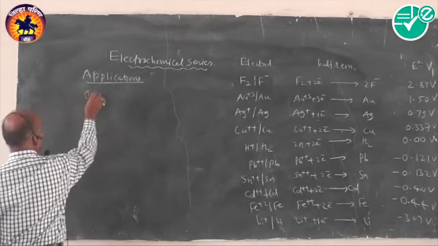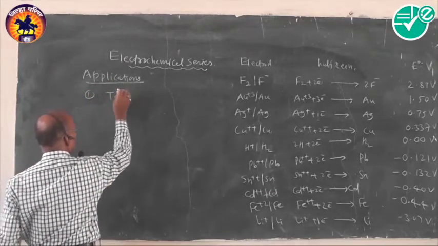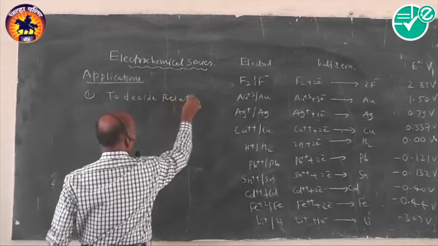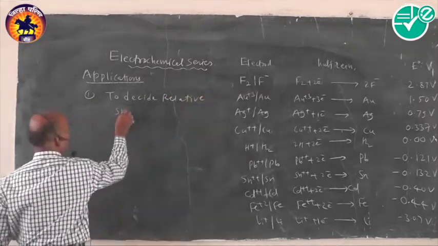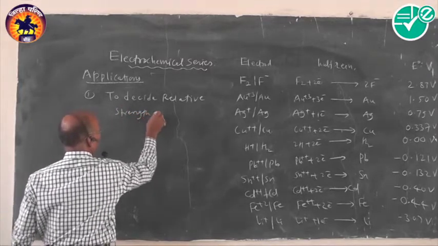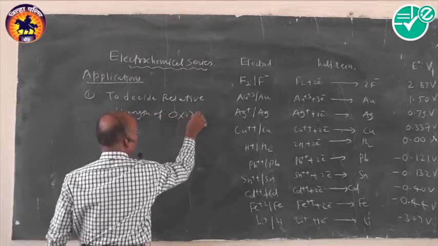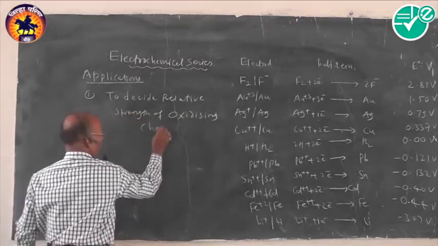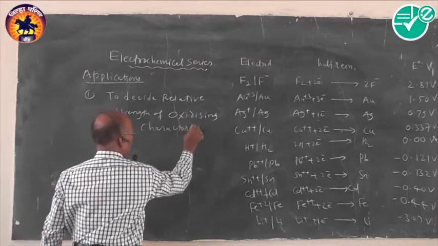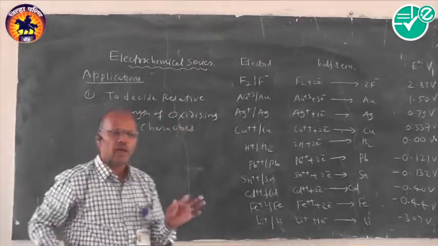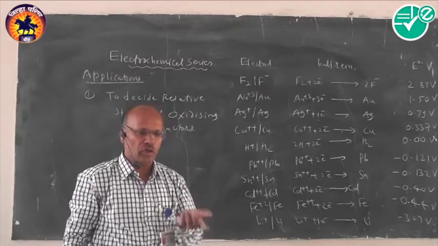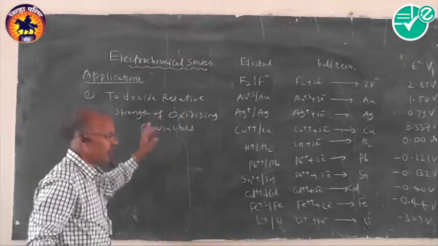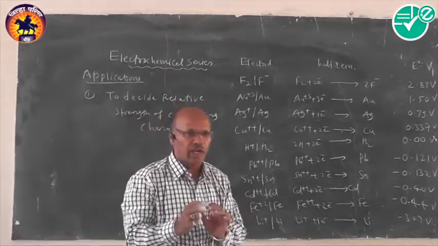The first one is to decide a relative strength of oxidizing characters like this. Okay. So from this series we can decide here a relative strength of the oxidizing characters, reducing characters. Now here follow this particular first application, how to decide the relative strength of the oxidizing characters.